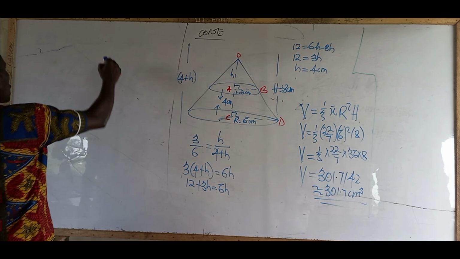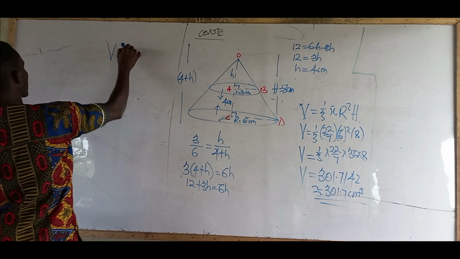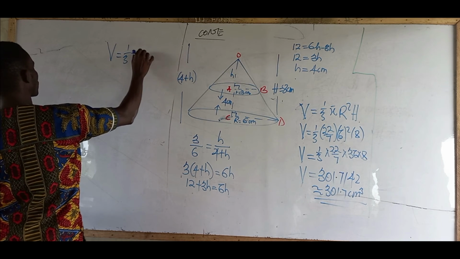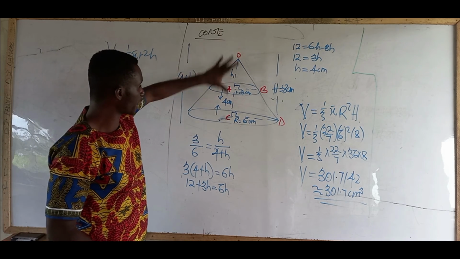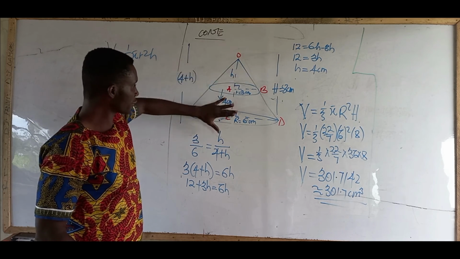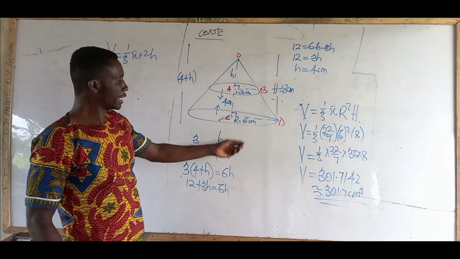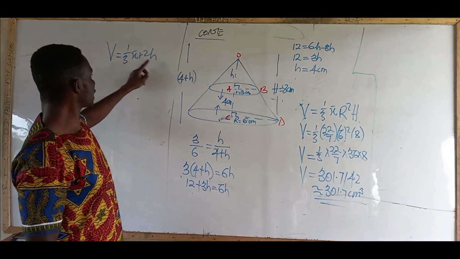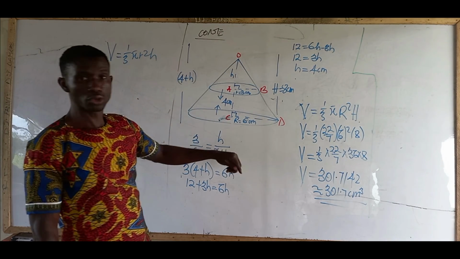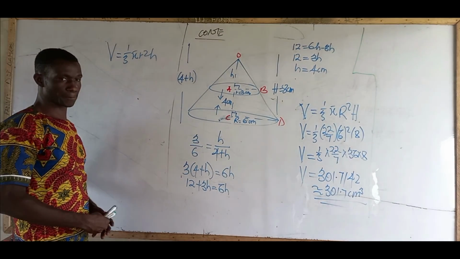Now the volume for the smaller cone, V will be equal to 1/3 pi r squared h. We see that the height of the bigger cone differs from the height of the smaller cone, and the radius also differs from the radius of the smaller cone. So I'm using the capital H and the capital R to give that differentiation.